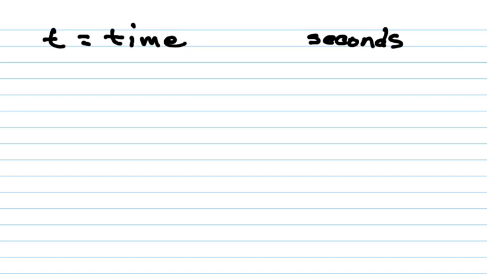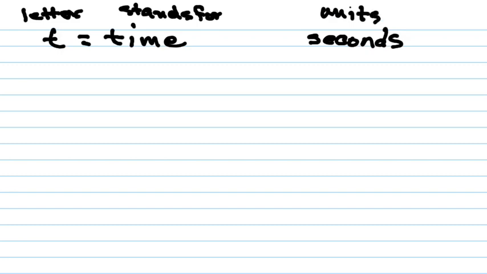Okay? So we have the symbol that we're going to use, we have what it stands for, and then we have units. And do not forget that a problem in calculus or any higher mathematics is not correct unless you have units, right? So you've got to have your units or it's not right. So time, that's an easy one.